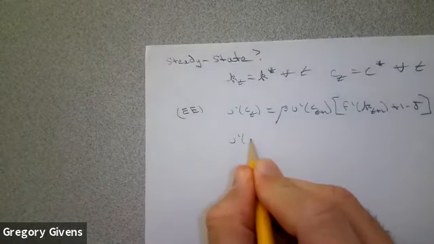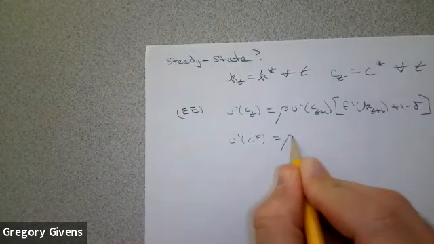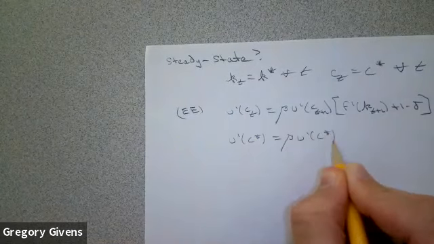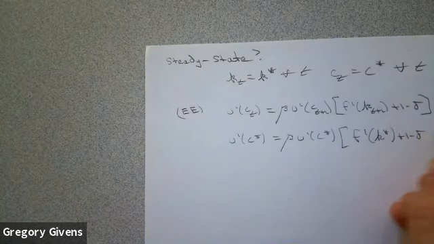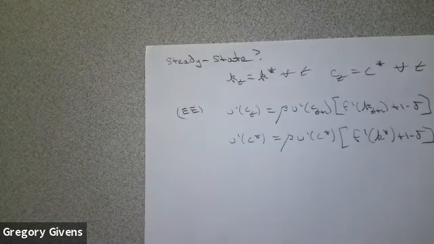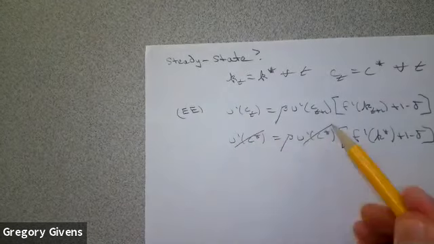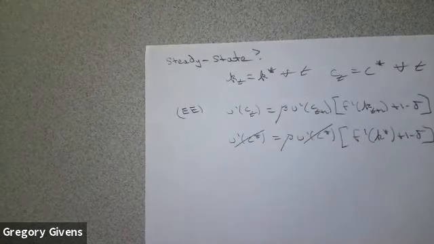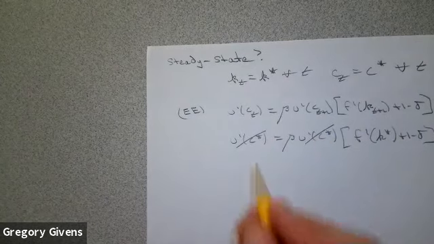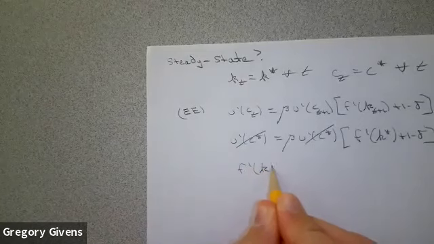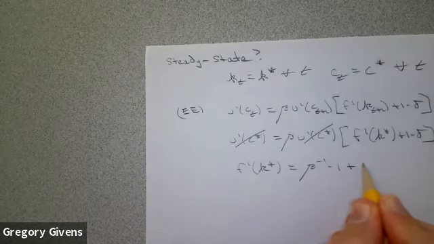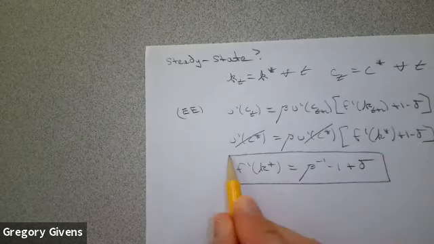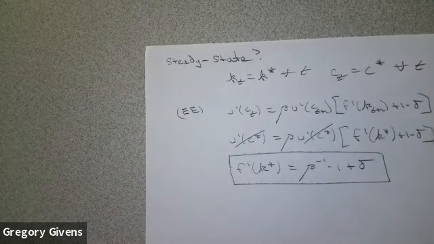So u'(C star) must be equal to beta u'(C star) times (f'(K star) + 1 - delta). u' is strictly positive, so you can divide both sides by the marginal utility of consumption. And what are you left with? f'(K star) should be equal to beta inverse minus 1 plus delta. So if a steady state value of capital exists, it must satisfy that equation.